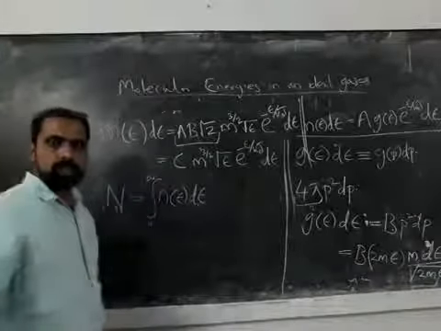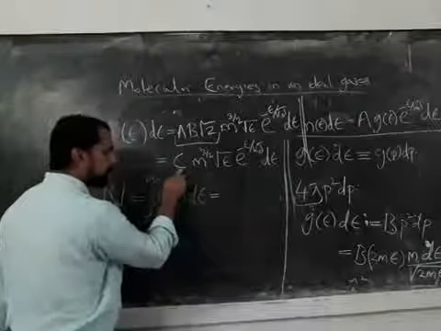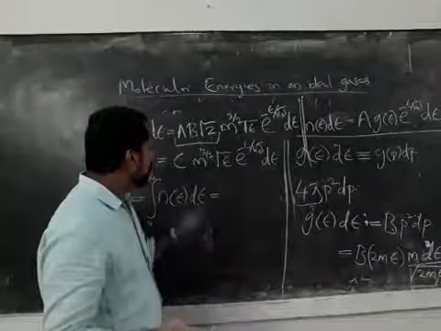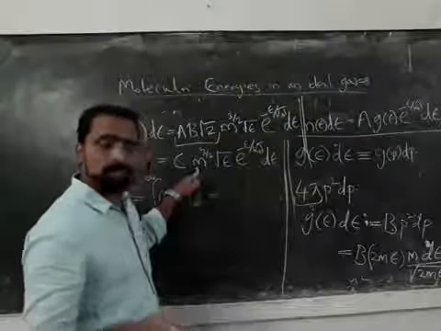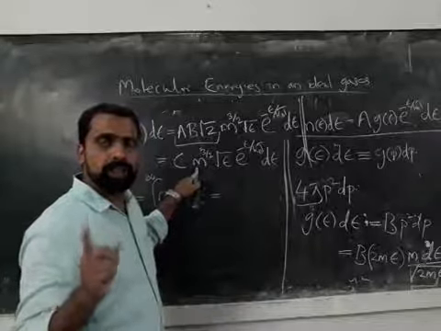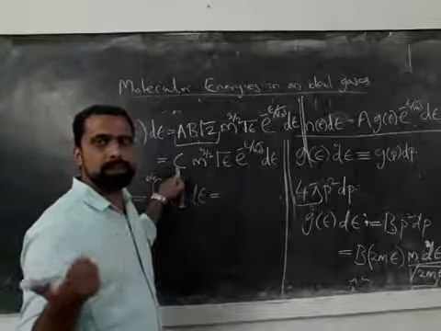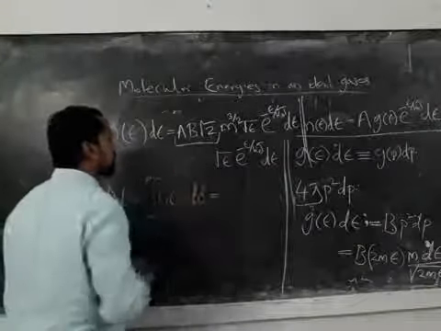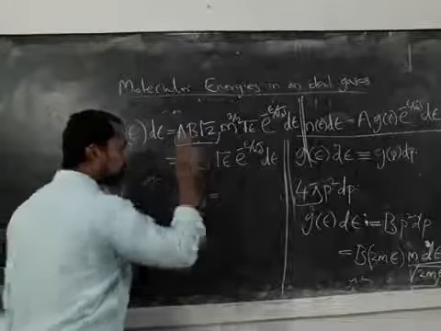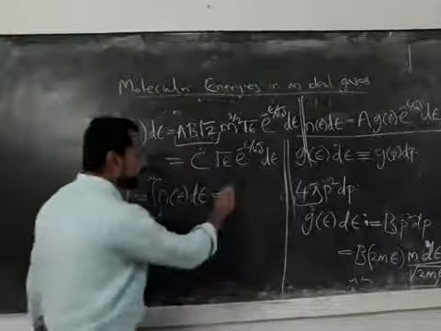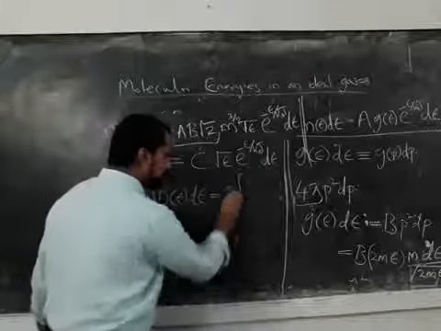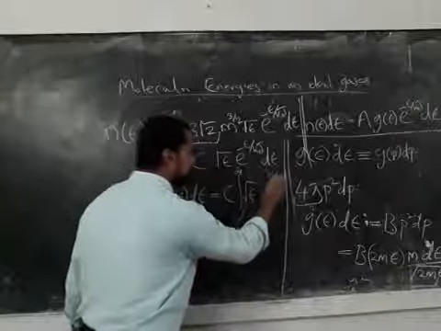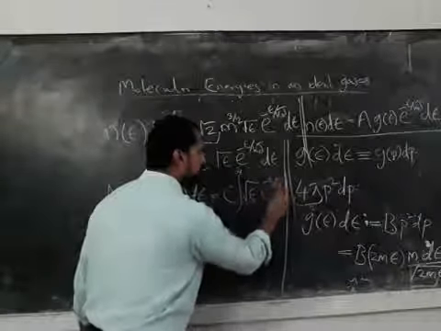I am taking the c outside, and actually m is also a constant. I forgot, you have to club m also here, because m is the mass of the particle, a constant value. So now it is c times the integral from 0 to infinity of root epsilon e raised to minus epsilon by kBT d epsilon.